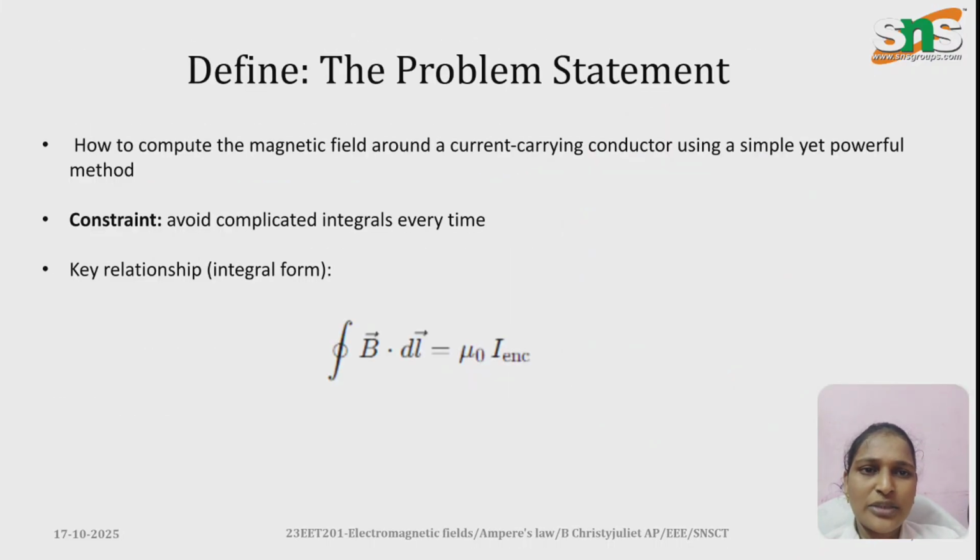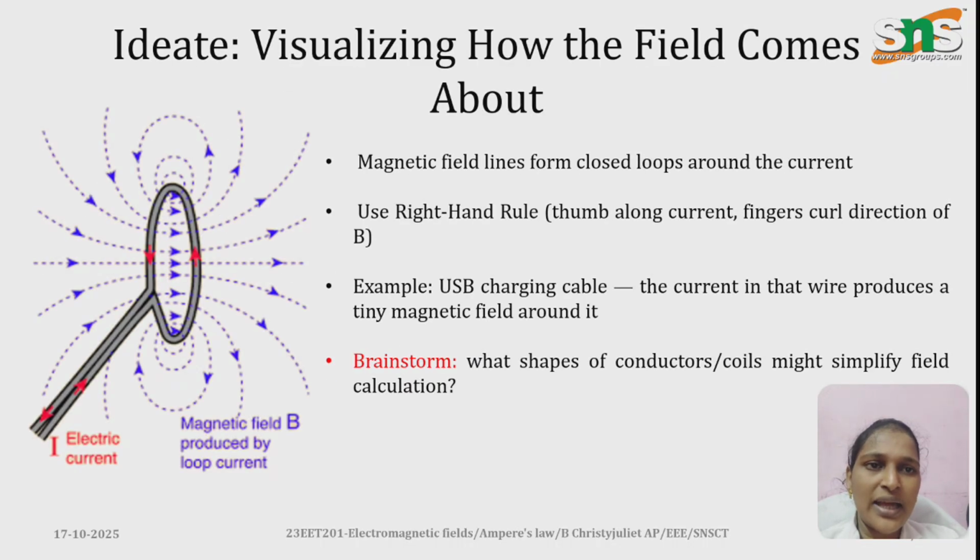So here the problem statement is to compute the magnetic field around a current carrying conductor using a simple yet powerful method. We know there are different laws as we mentioned earlier, but certain ones are somewhat complicated. So we are now making it simple with the help of Ampere's law.